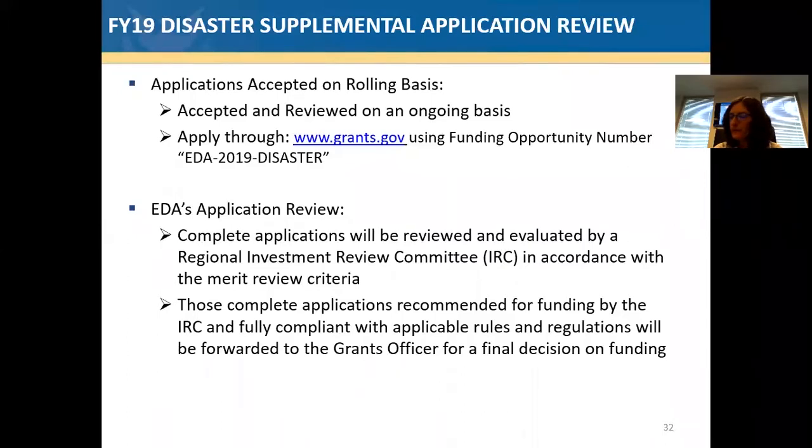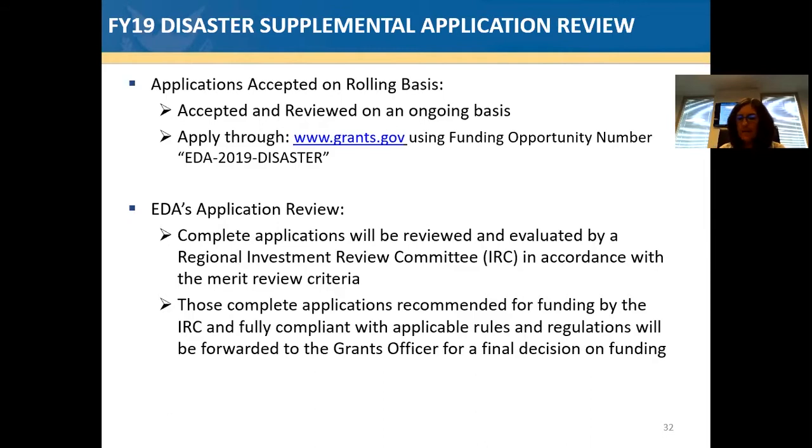And in terms of the review process, as I mentioned previously, with this disaster supplemental, you'll probably be pleased to hear that we require only one single comprehensive review. We fondly call it the IRC, the Regional Investment Review Committee.